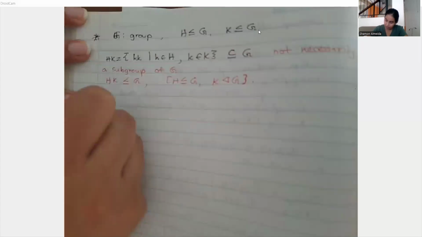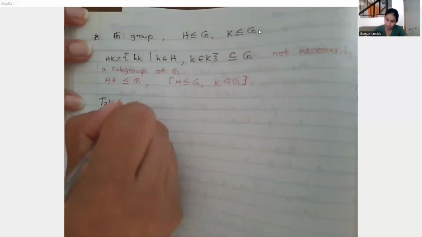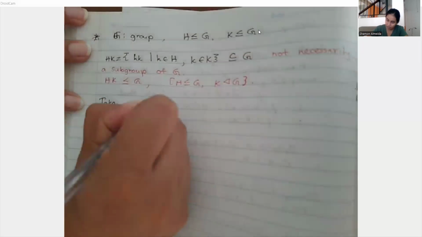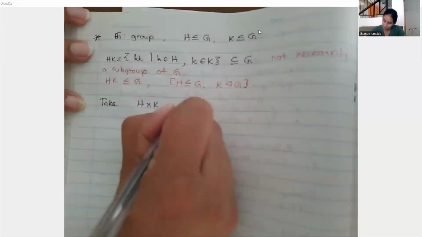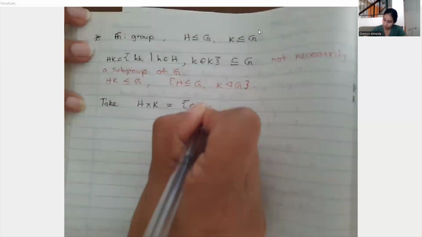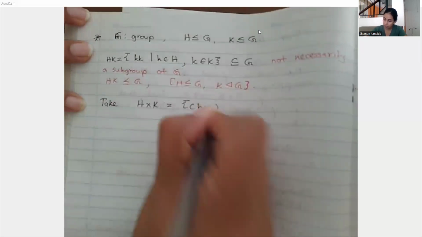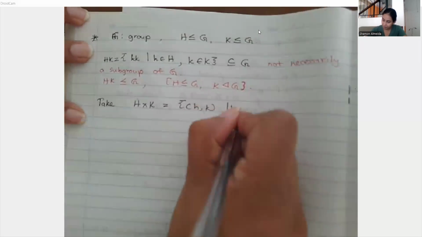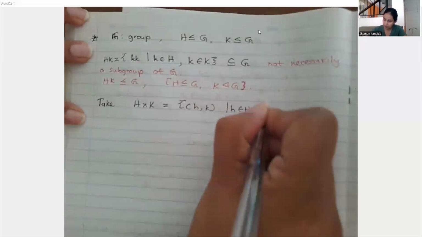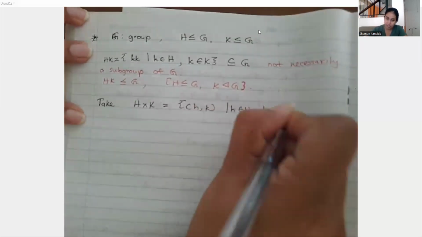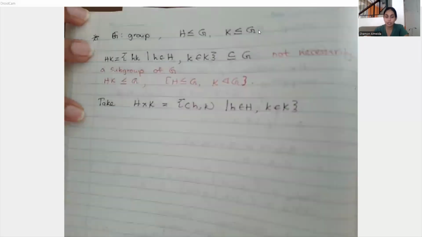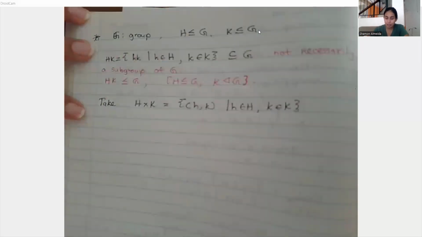First, let's take this group, this set H cross K, which contains pairs of elements where the first component comes from H, the second component comes from K. This set is actually a group under the binary operation of component-wise multiplication.